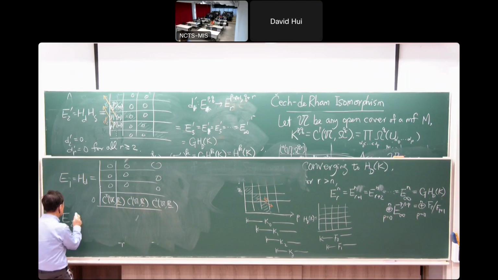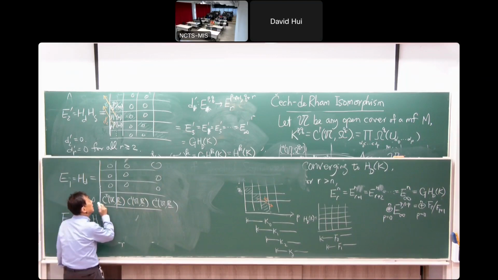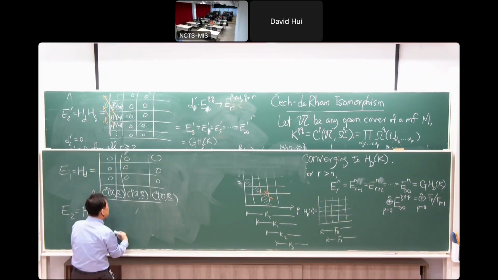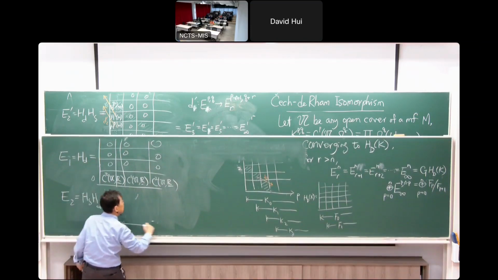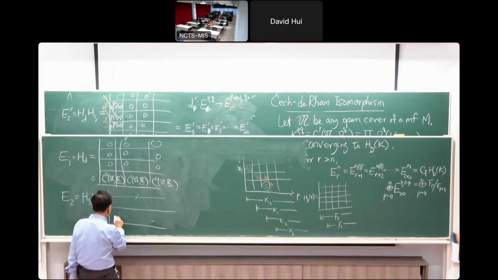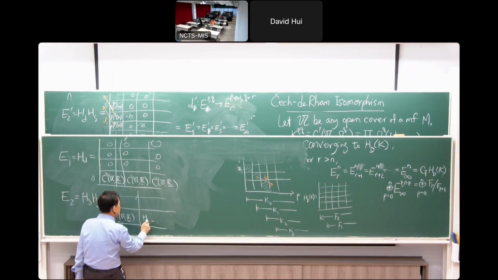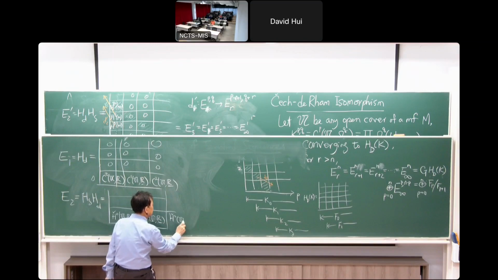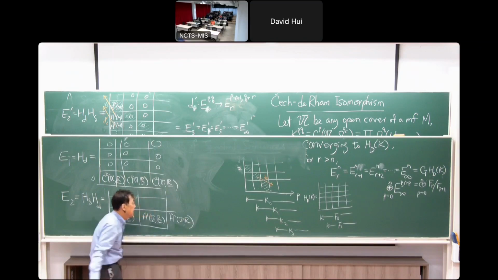So E2 is H delta HD, and E2 will be the Čech cohomology: H0 U R, H1 U R, H2 U R.